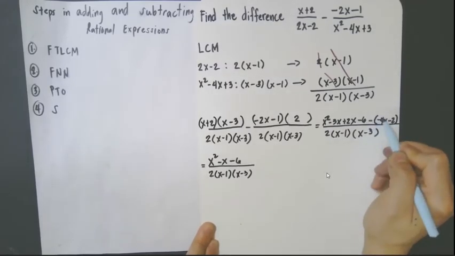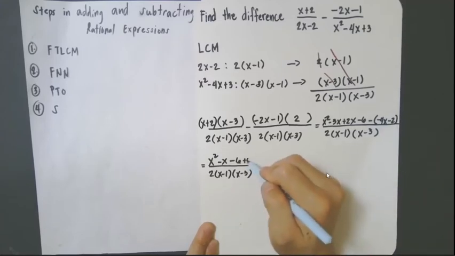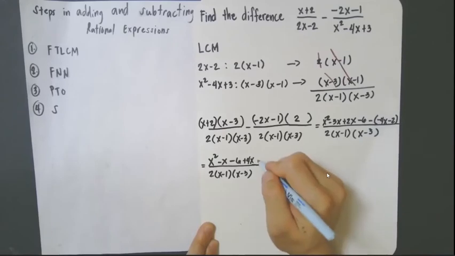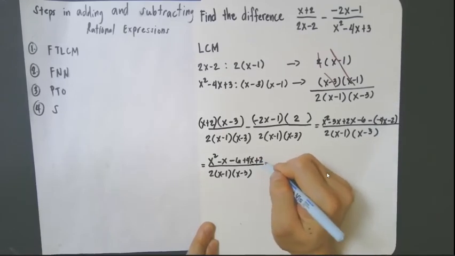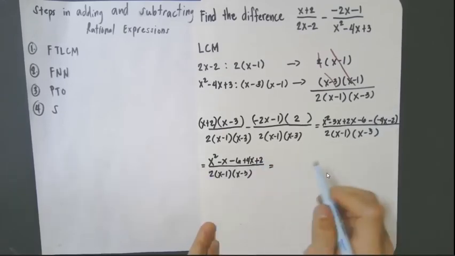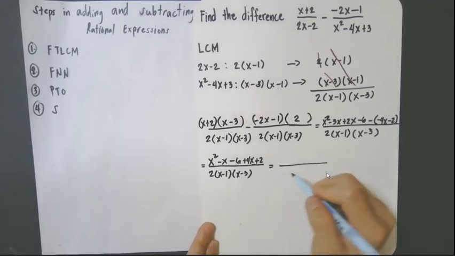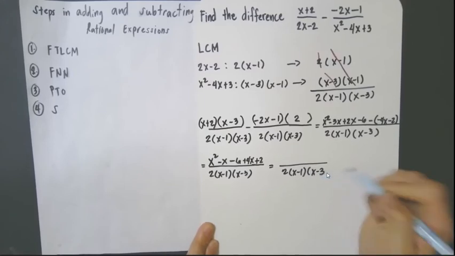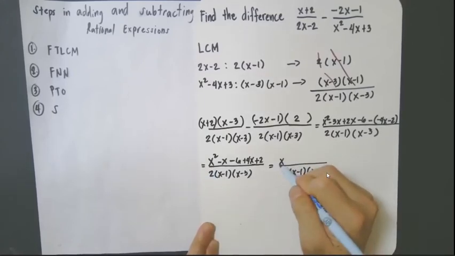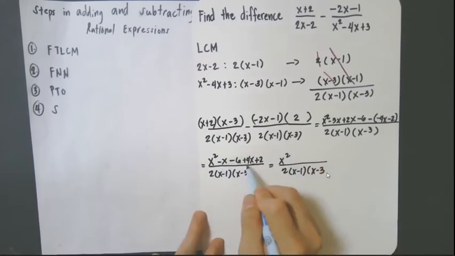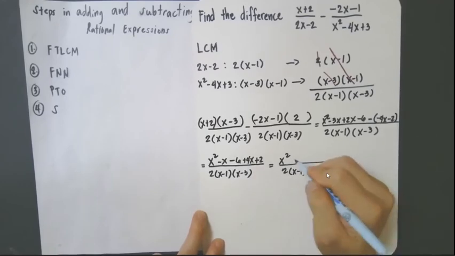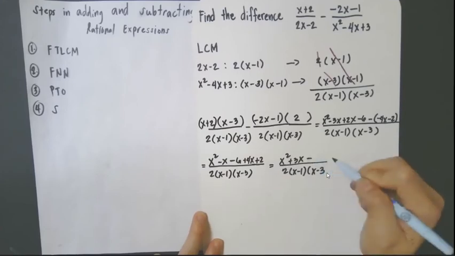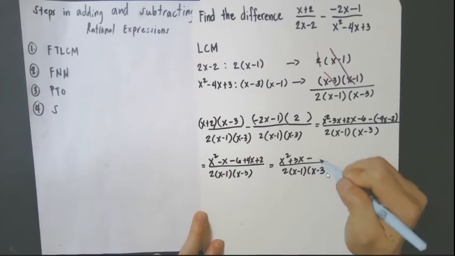So negative times negative 4, that will give us positive 4x. And then negative times negative 2, that will give us positive 2. Again, let's continue simplifying the numerator. So we have the denominator. So that's x squared, negative x plus 4x, that will give us positive 3x. Negative 6 plus 2, that will give us negative 4.